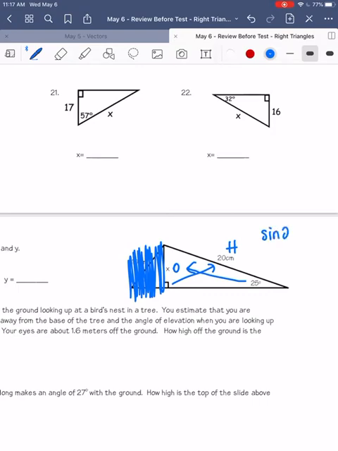So we're going to do sine of 25 degrees equals O over H, and then that's a multiply. So we're going to multiply 20 times sine 25, and 20 times sine 25 gives us 8.45. So I'm going to put that there.